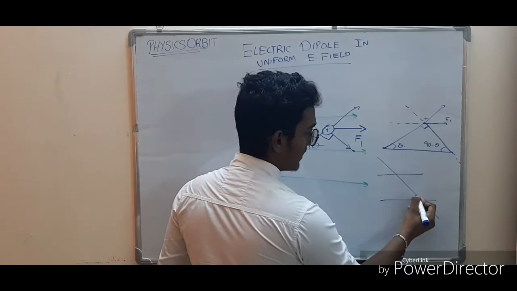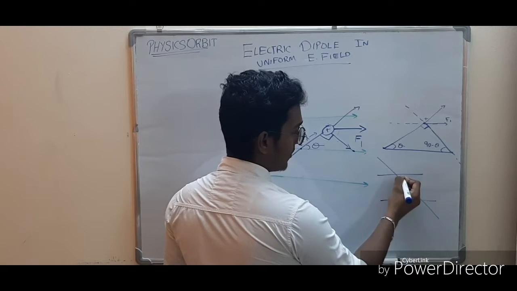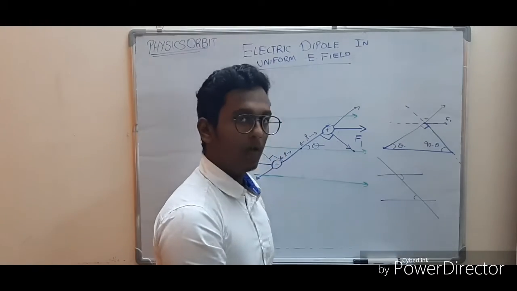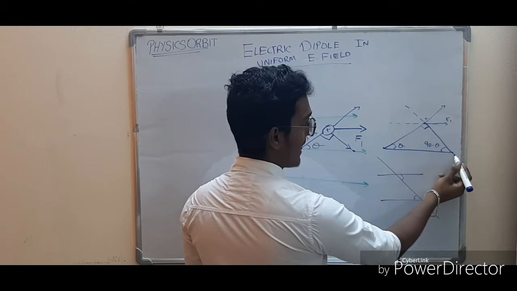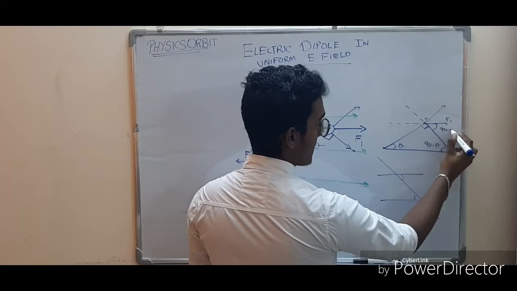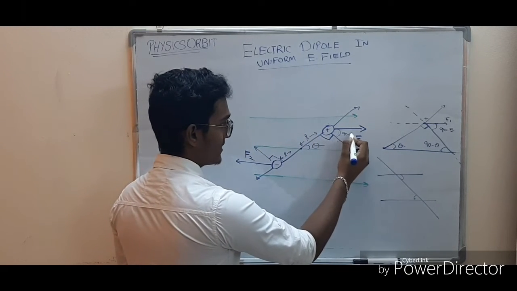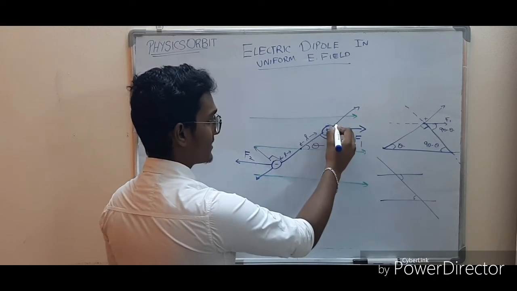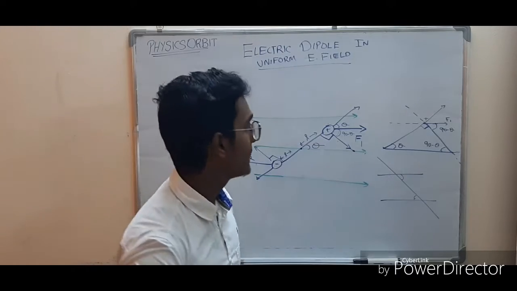We are given this angle, and this angle is always going to be equal to this angle. So 90 minus theta is the angle over here as well. So we got this angle. This is 90 minus theta. Then this is going to be theta, because these two vectors are perpendicular to each other.